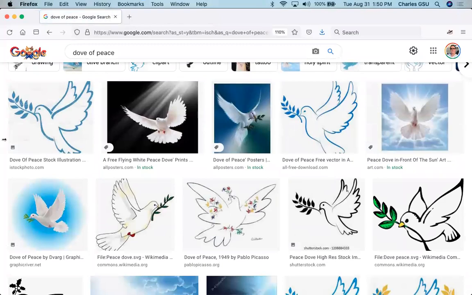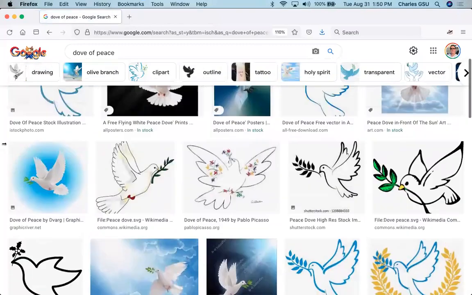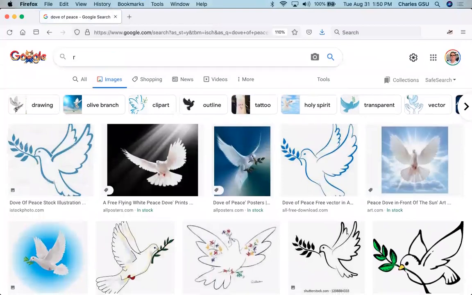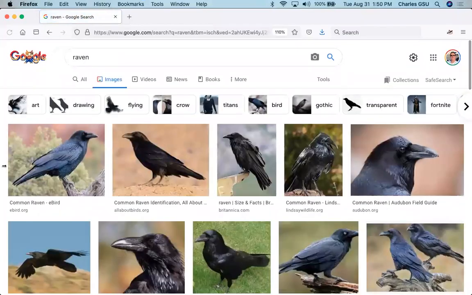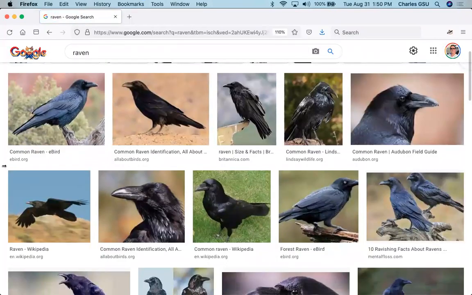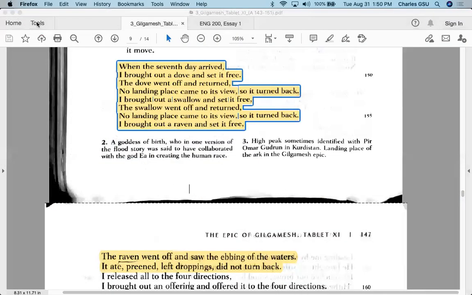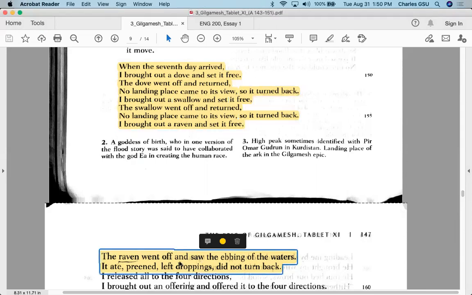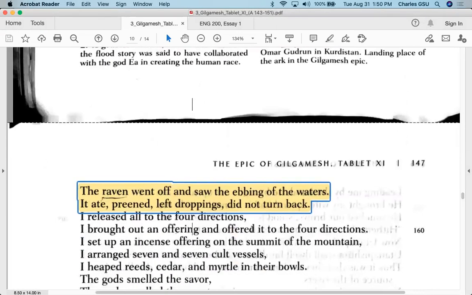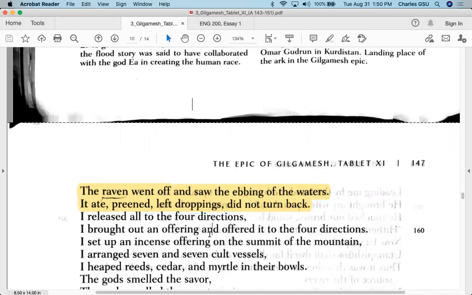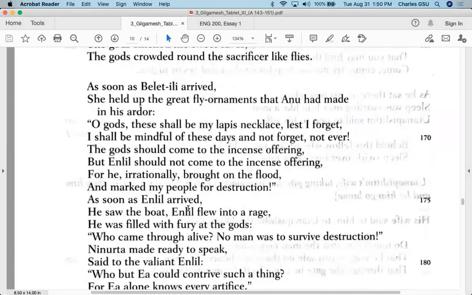The dove of peace is typically construed as white, but it's the raven that actually wins out, and a raven is generally black. So you tell me, or maybe I'll let you consider, why is there this reversal going on, do you think? That in a polytheistic religion, the raven is the one that kind of succeeds at discerning whether there's land or not, but it's actually a dove, whether tawny or white, in Genesis that succeeds. To me, it's a curious reversal.